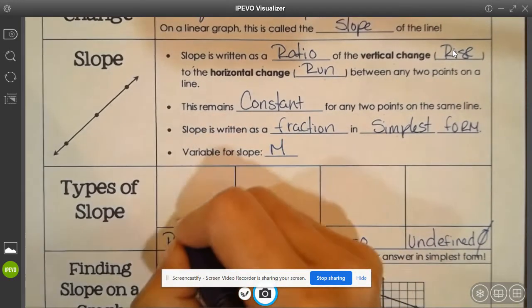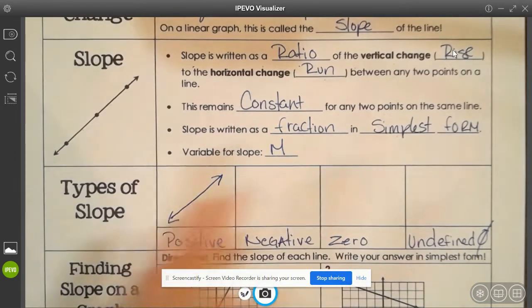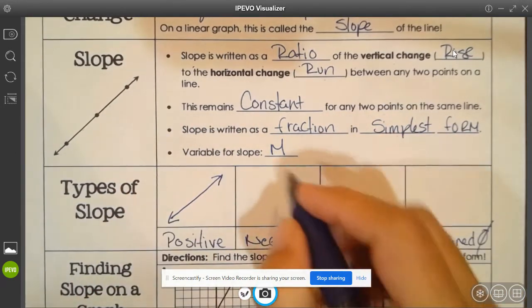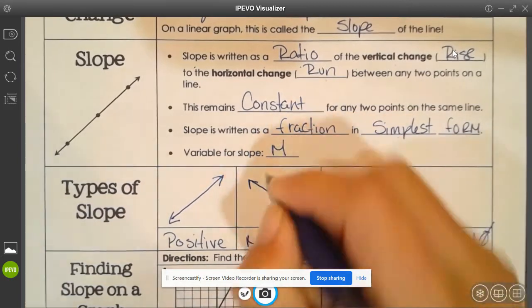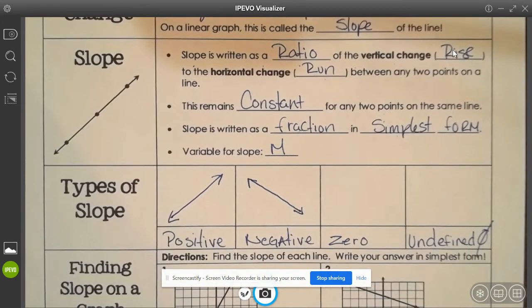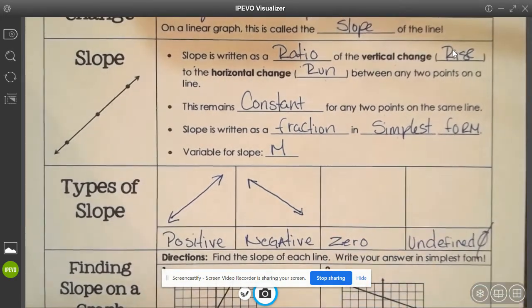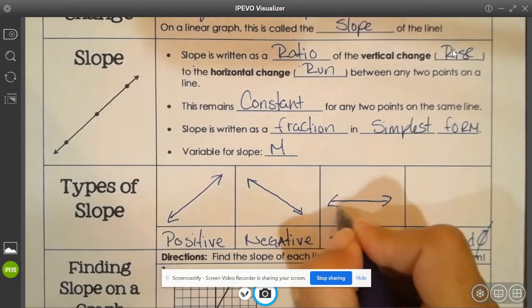There are different types of slope. If it's positive, it looks kind of like this, going that way. If it's negative, it looks kind of like that, like what we saw on the roofs of that house. A slope of zero is just a horizontal line.